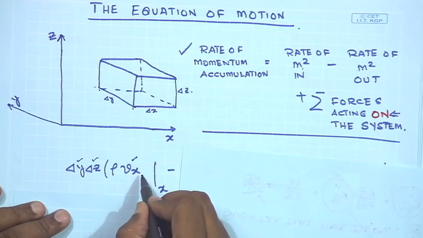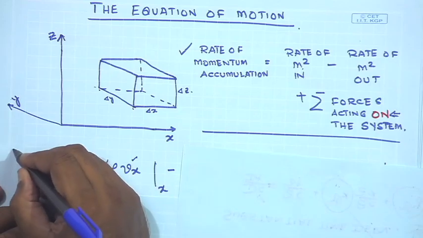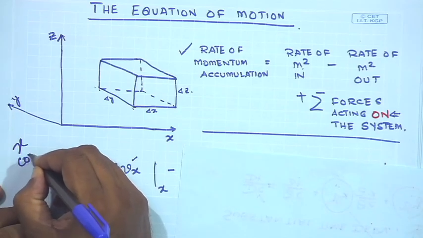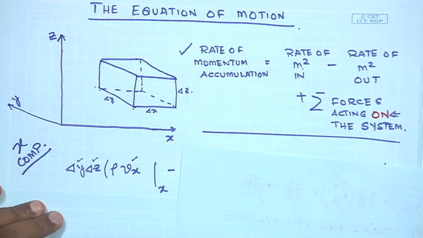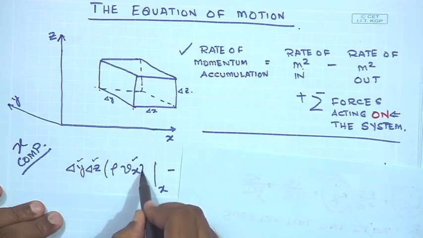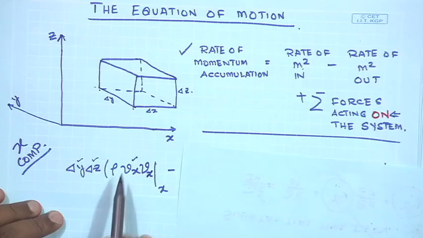Now in order to obtain the x momentum, because I am writing the x component of the equation of motion, and the other components can be evaluated in a similar fashion, I am only talking about the x component of momentum. This is the amount of mass which is coming in. So the amount of x momentum must be equal to rho Vx, another Vx.